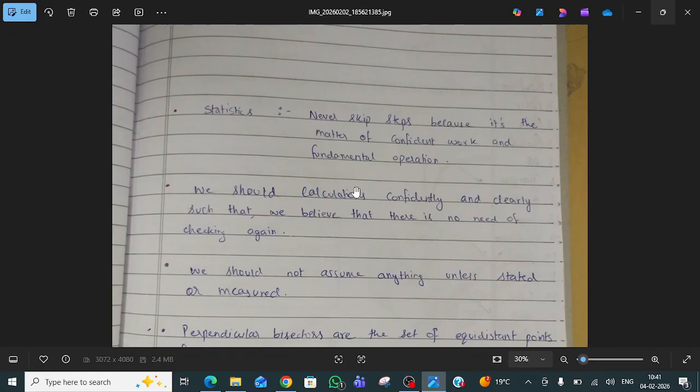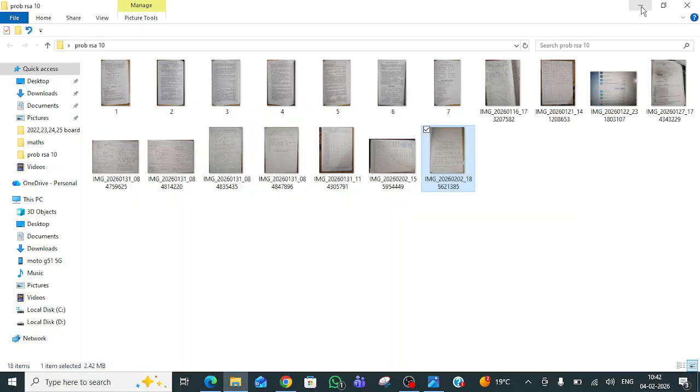We should calculate confidently and clearly, such that we believe there is no need of checking again. It's one-time work. We don't have to come back to check our addition or subtraction or whatever calculation. So these two points are the tips and tricks for this chapter, and they're very important because it's a matter of fundamental operation and confident work. Now I'll continue with my work.